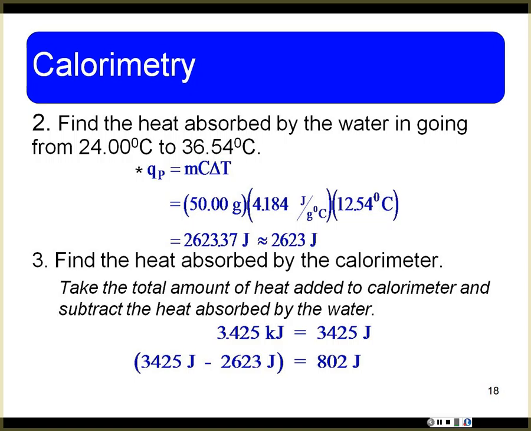Joules or kilojoules, exactly. So you have to have your units cancel. If we round to 4 significant digits, we get 2,623 joules absorbed by the water, absorbed by the solution.